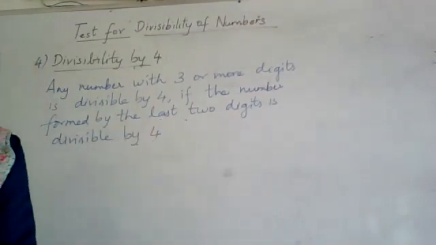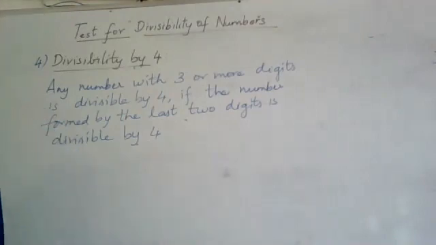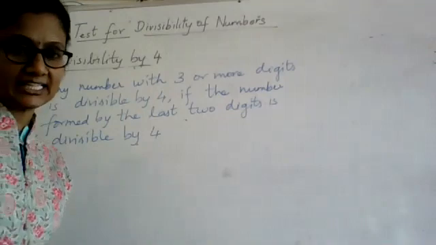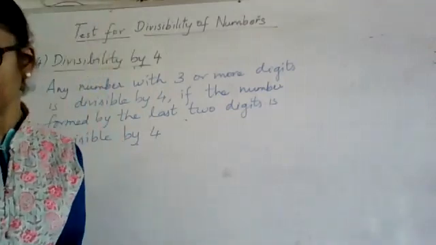So if I take the last 2 digits of any given number and divide it by 4, and the remainder comes out to be 0, then I can say that the number is divisible by 4.